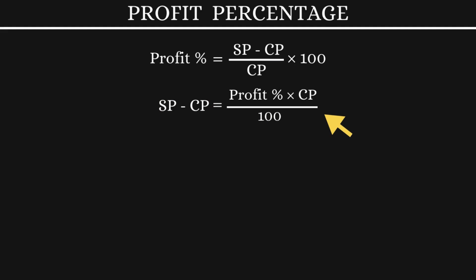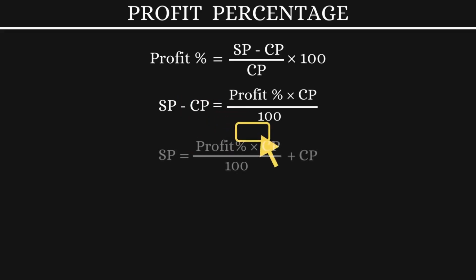What we get is selling price minus cost price is equal to profit percent into cost price divided by 100. Next, let's move this cost price to the other side. Subtraction becomes addition. So selling price is equal to profit percentage into cost price divided by 100 plus the cost price.